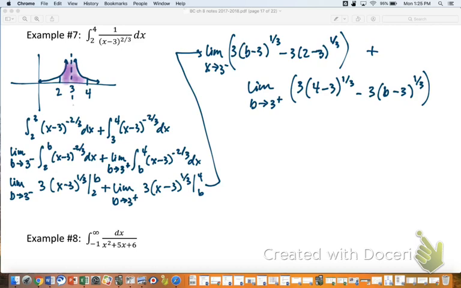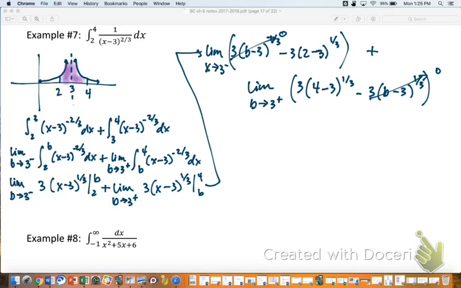So what happens with both the expressions where the limit actually has some context? They both go to 0, right? So this here would go to 0, and this here would go to 0.